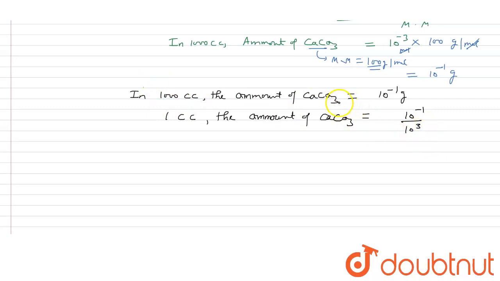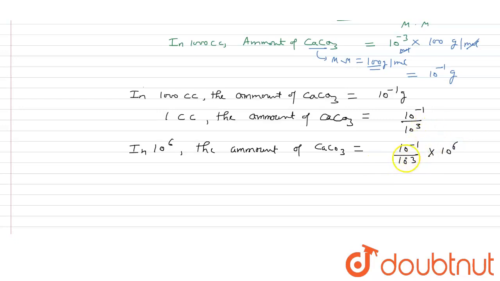But we want to find out in ppm, that means we have to find it in 10 to power 6. So in 10 to power 6, the amount of calcium carbonate is equal to 10 to power minus 1 divided by 10 to power 3, multiplied by 10 to power 6.